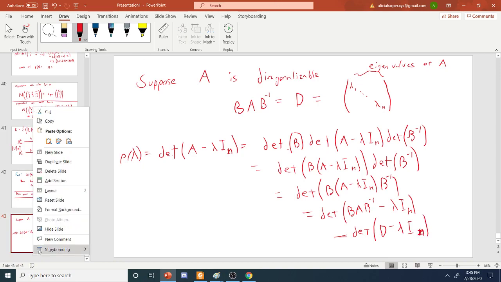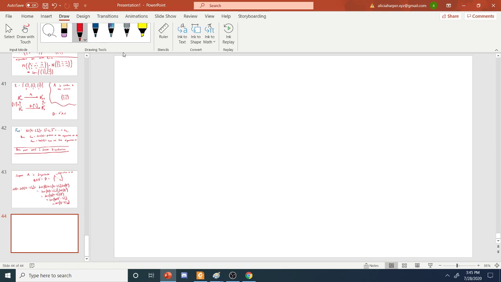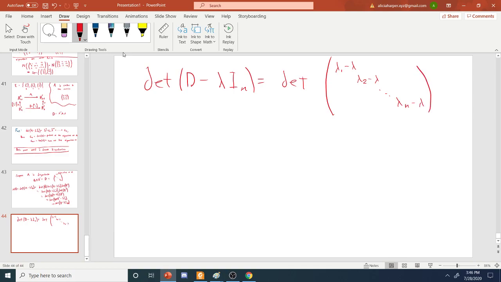But now we can interpret this. The determinant of D minus lambda I n is the same thing as the determinant of the diagonal matrix with entries lambda 1 minus lambda, lambda 2 minus lambda, through lambda n minus lambda, which is equal to lambda 1 minus lambda times lambda 2 minus lambda, and so on, times lambda n minus lambda.